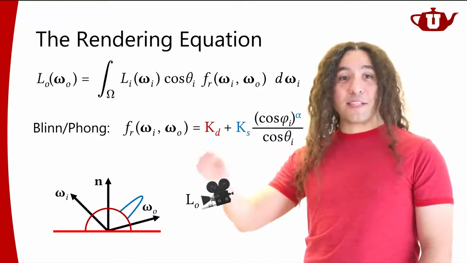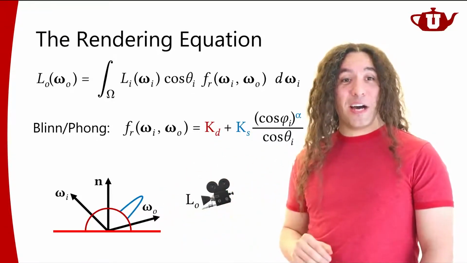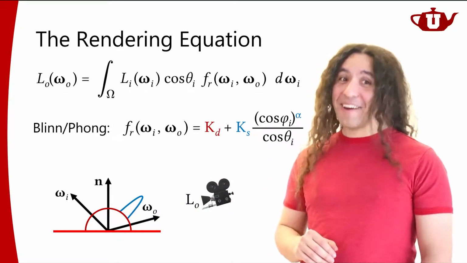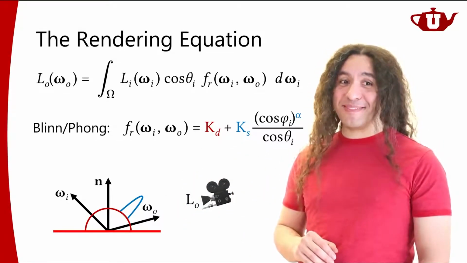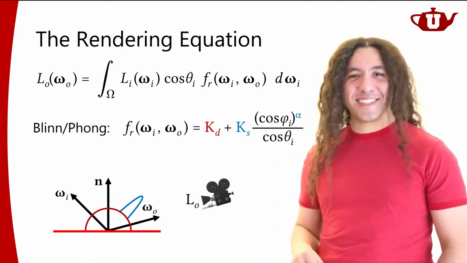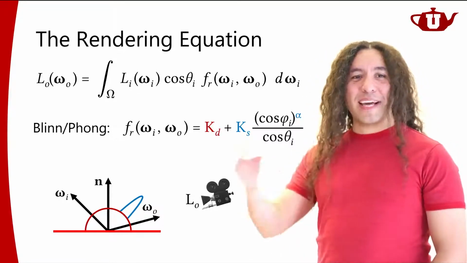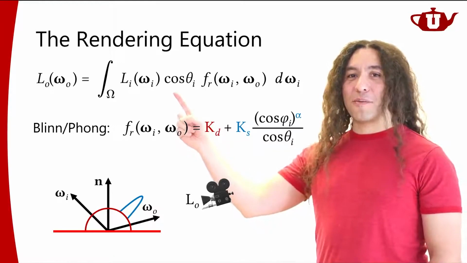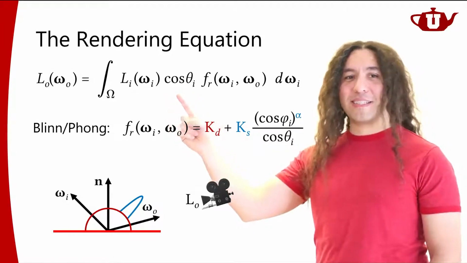What I'm going to get is going to be the area of my hemisphere, right? And the area of a unit hemisphere is? Yes. So we're going to get this 2 pi term. But we have this cosine term here, multiplied by this cosine term.